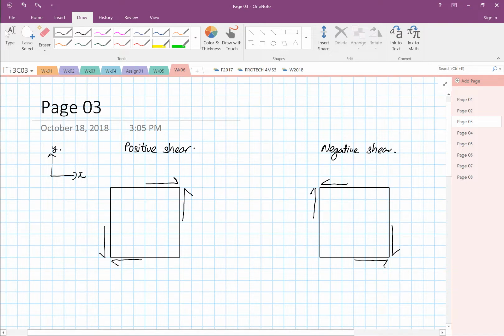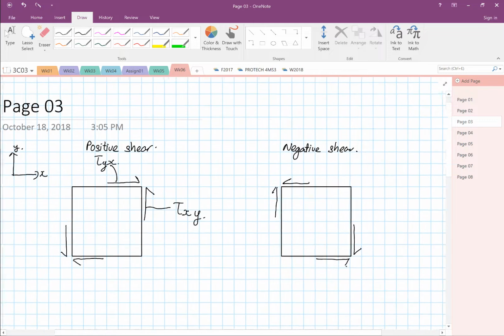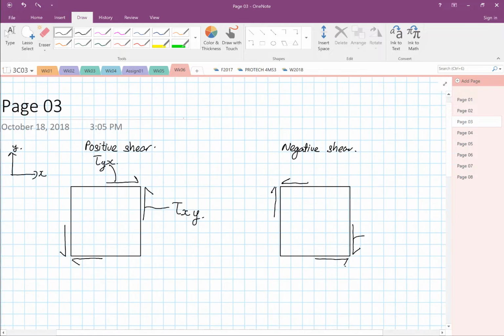So this arrow represents shear on the x plane, y direction, whereas over here it shows the shear on the y plane, x direction. Likewise, if I go to the other side, this is the shear on the x plane, y direction, and this is a shear on the y plane, x direction.